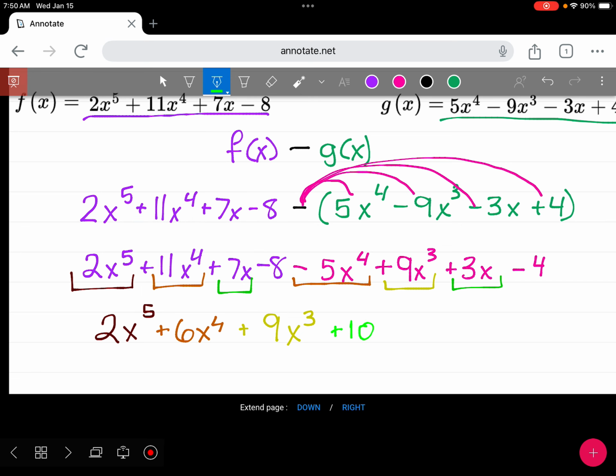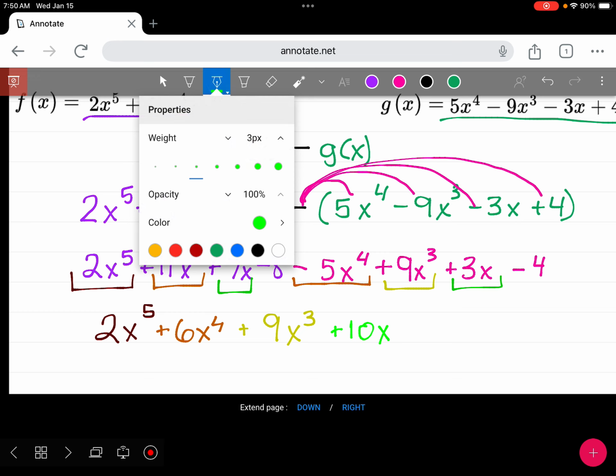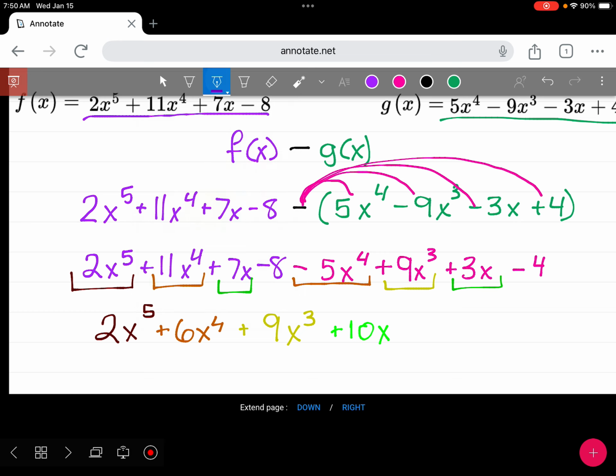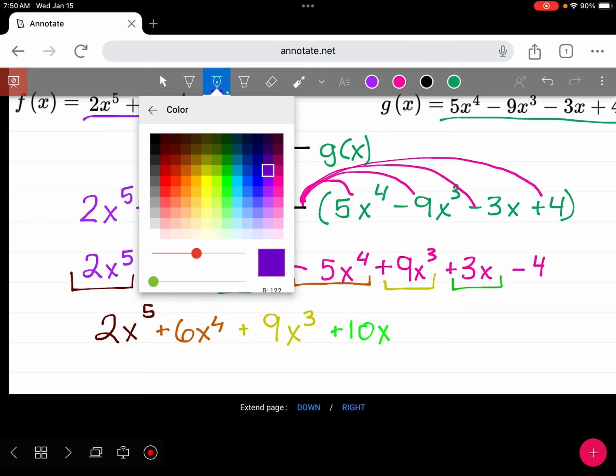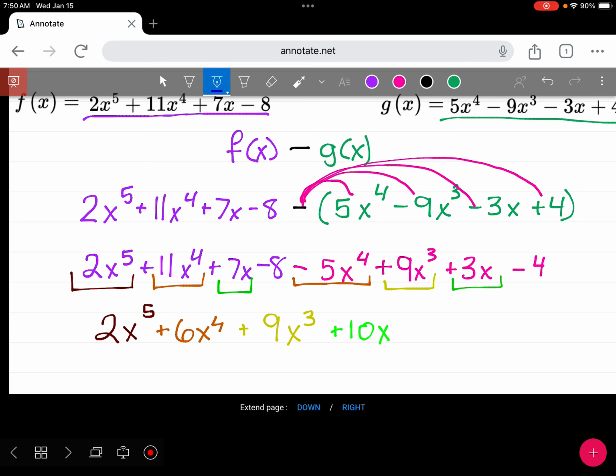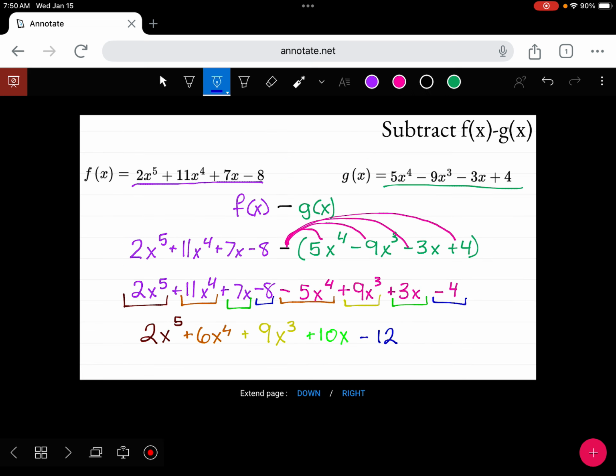Yes, 10x. Last one. We have our minus 8, minus 4, which gives us minus 12. Okay? So I told you, they look kind of scary, but I promise they're really actually not super bad.